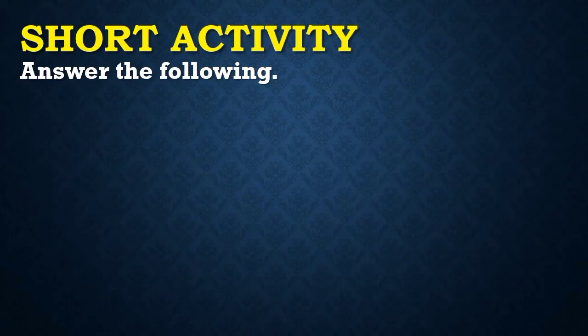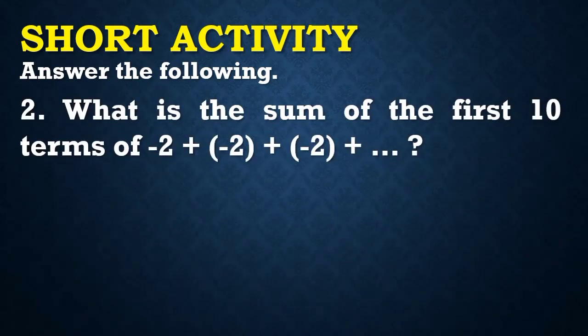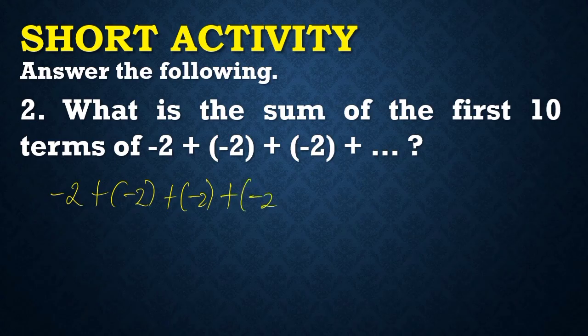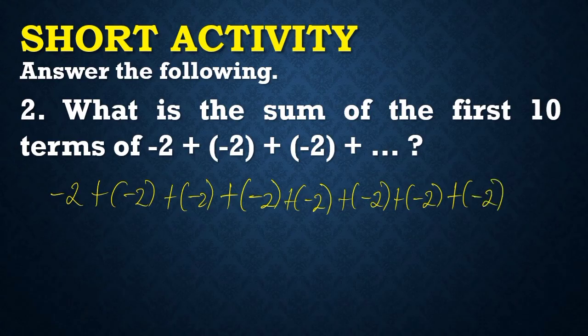So, what about number 2? What is the sum of the first 10 terms of negative 2 plus negative 2 plus negative 2 plus and so on? Ganun pa rin, hanggang masulat natin yung 10 terms. 1, 2, 3, 4, 5, 6, 7, 8.